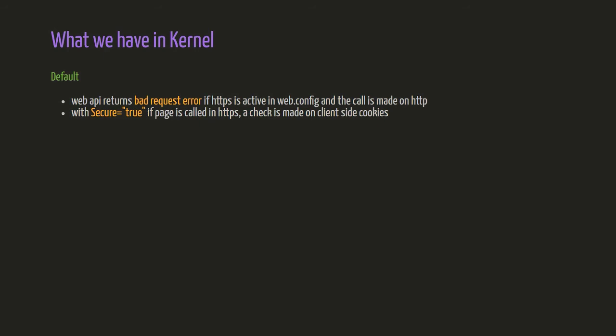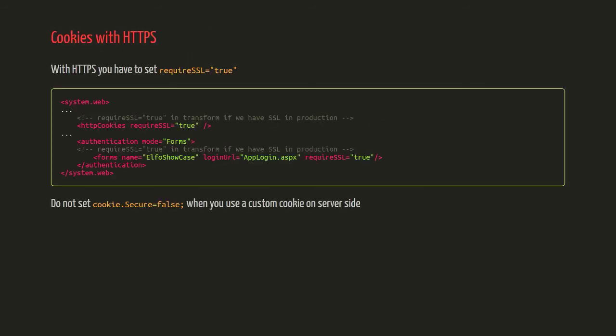With secure set to true, if page is called in HTTPS, a check is made on client-side cookies. And as we said before, this example shows that cookies can travel through HTTPS. In this way, all cookies created on server side are managed over HTTPS by default, and you don't need to set the secure property.